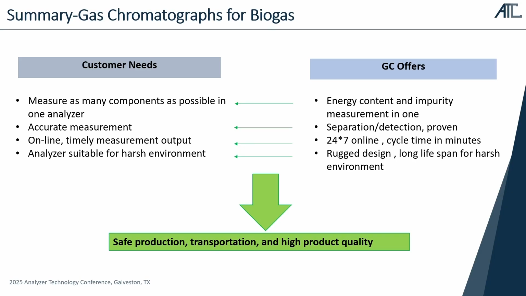There's no interference. Online GCs work online 24/7, never rest. And the measurement cycle in minutes meets the requirement. And also GCs are very rugged. You can use them in harsh environments for a very, very long time. Because of this, GC is the best suitable technology for biogas measurement.